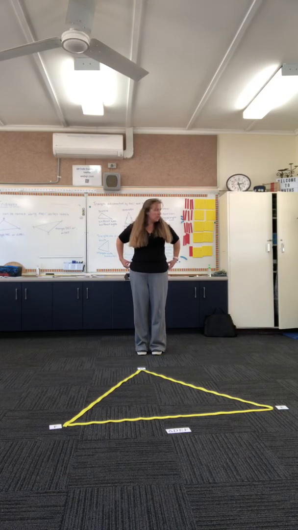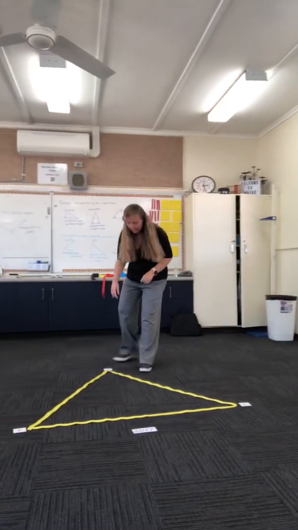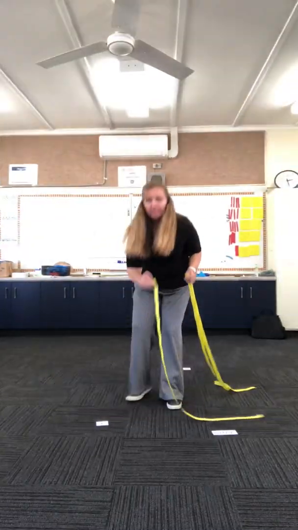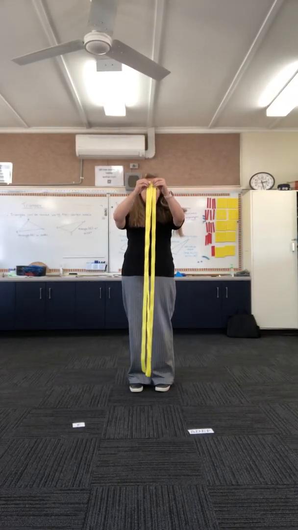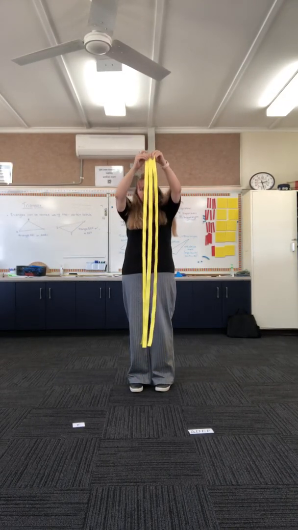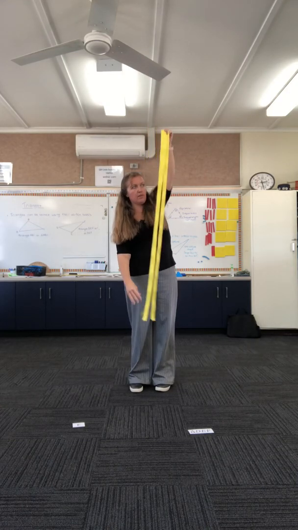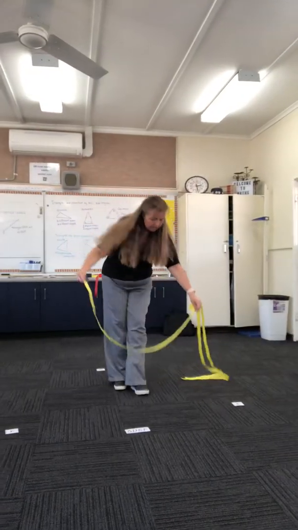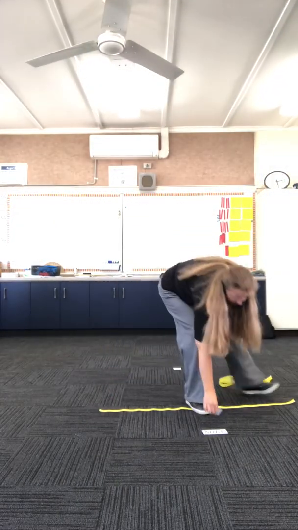Okay, we can also classify this triangle. We can classify this particular triangle by the length of its sides. So if I pick up each of the sides, we can actually see that 1, 2, 3, we've got 3 sides, and you can see here that each of these sides is the same length. Okay, so because I've got these 3 sides that are the same length, I'm going to remove the labels.